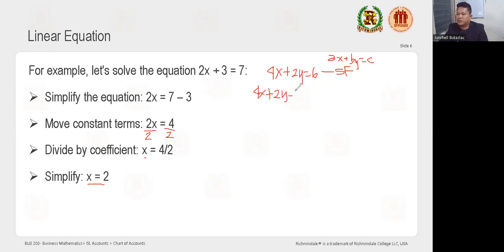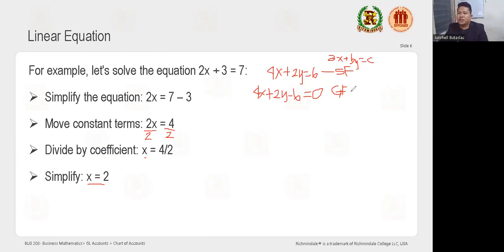So instead of positive 6, it will become negative 6. So 4x plus 2y minus 6 is equal to 0. So this is our general form. We can say this is GF, general form. GF, not girlfriend. Okay, so it's general form.